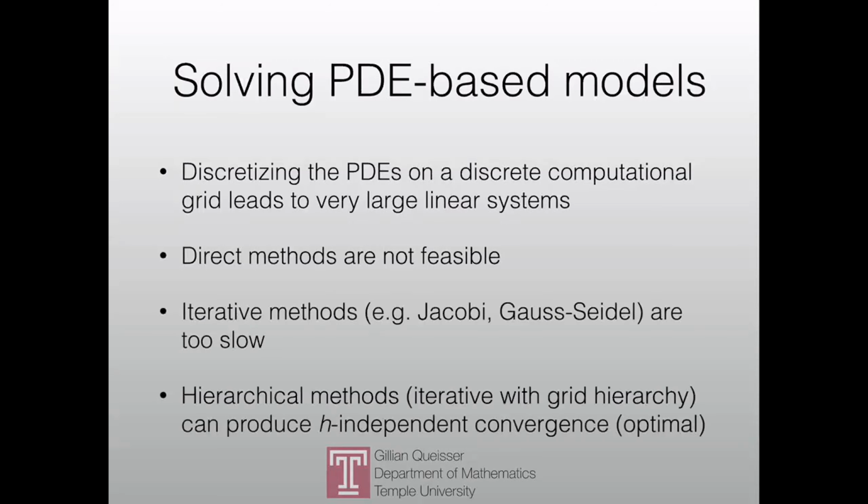So one typically turns to hierarchical methods, which are iterative methods, but they exploit a grid hierarchy, which, if derived and implemented correctly, produce h-independent convergence, h being basically the smallest grid size that one encounters in the problem. So this would be optimal convergence, which is ideal for the system size we're interested in.